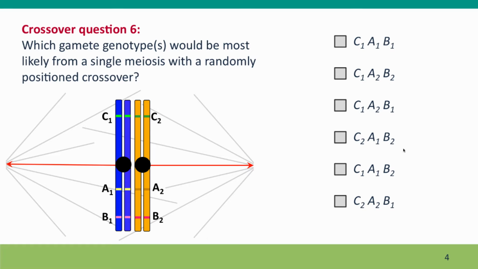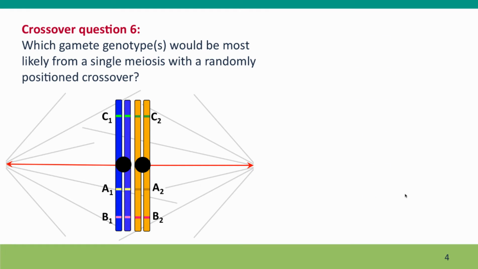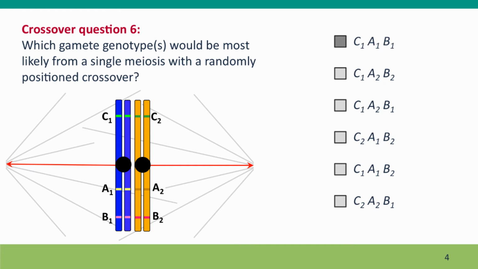And not all the possibilities are included here. So only one of these would be most likely, and that's this genotype, because this is a parental genotype, the genotype that is always present if there's only one crossover.